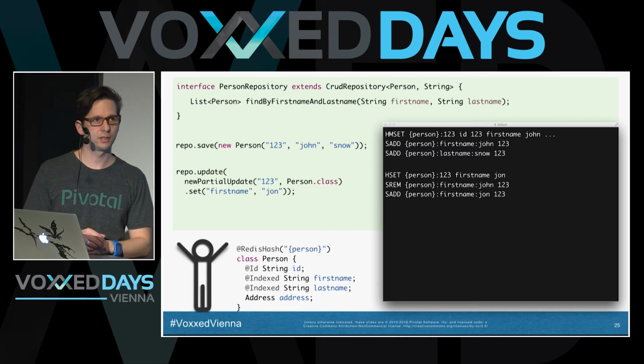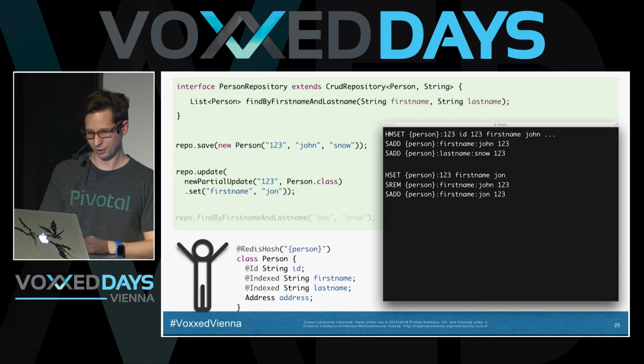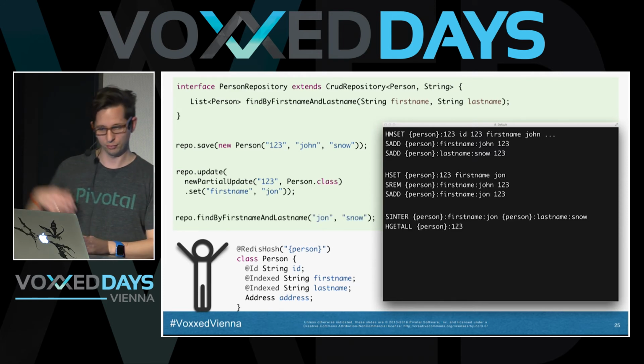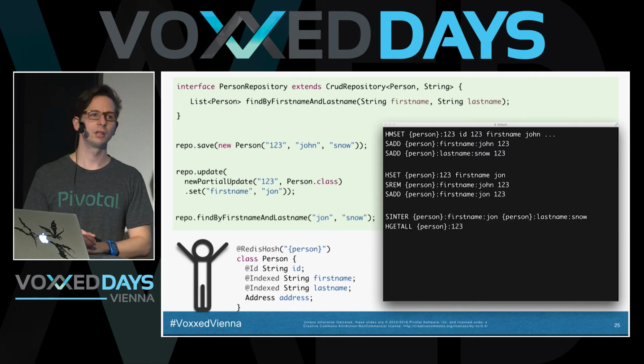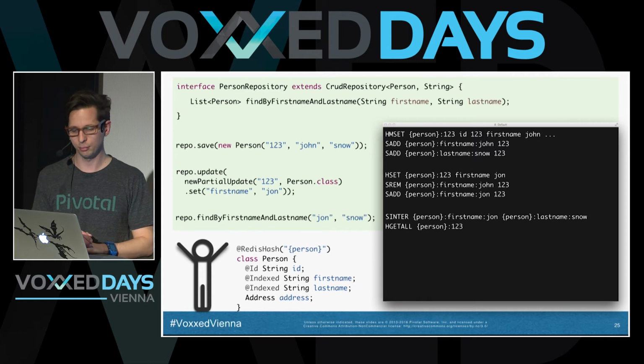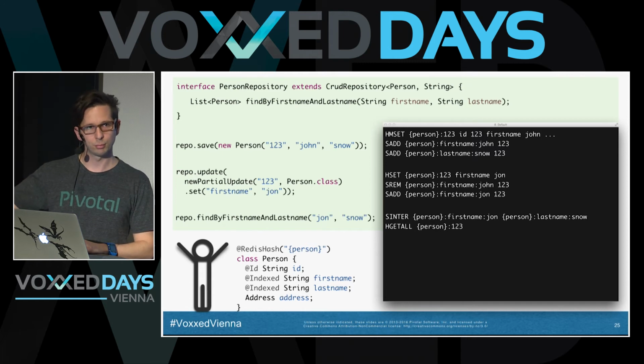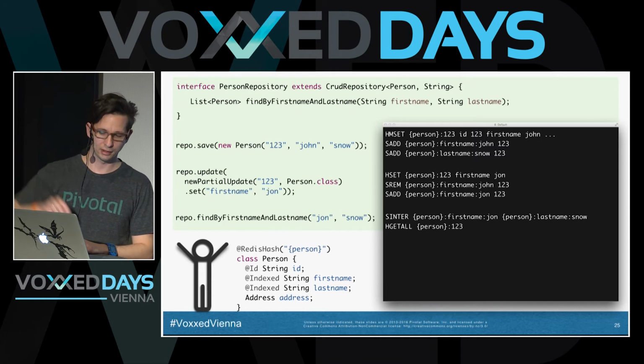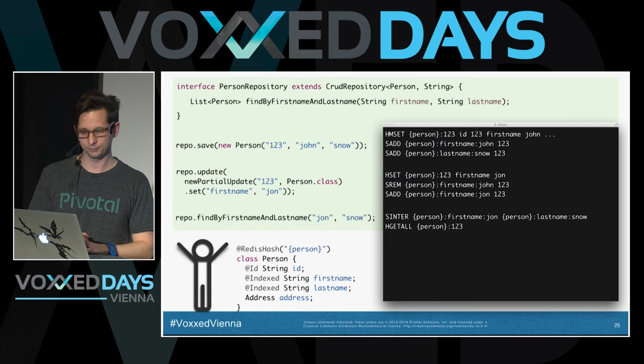We'll derive the query for you, and once you then call repo findByFirstNameAndLastName, it will create the SINTER command for the indexes with the values, and then just get all the IDs from the repository, and later on fetch the values using the HGETALL command.